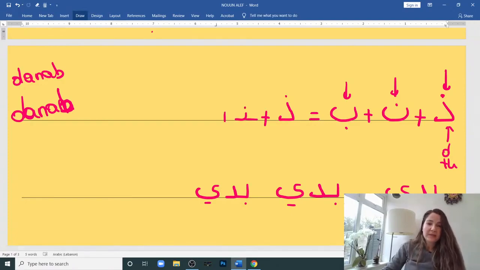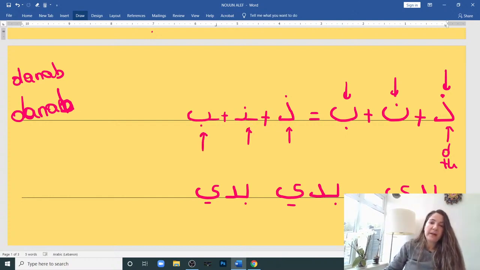Plus, because it looks like the initial form of the noon, but with a tail. And this is the ba at the end of the word, okay? So this is the dhal at the beginning of the word. This is the noon in the middle of the word. This is the ba at the end of the word. That's how they should look.